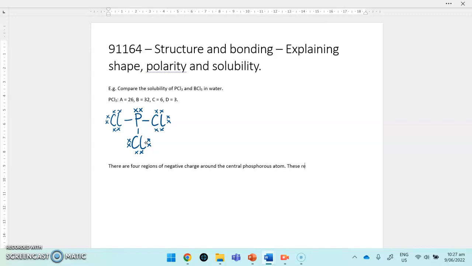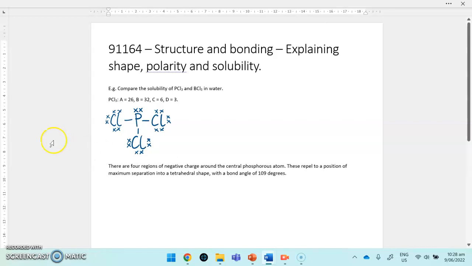These repel to a position of maximum separation to a tetrahedral shape with an angle of 109 degrees.